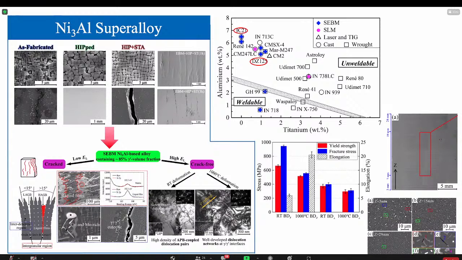Okay, yeah, it's a very good question. So basically, we try to understand what caused this crack formation during the heat treatment. And so far, based on the metallography observation, what we found is that it could be due to reprecipitation during the cooling.